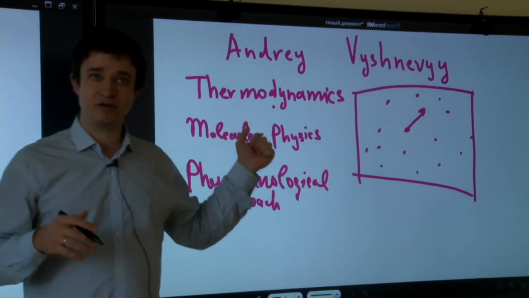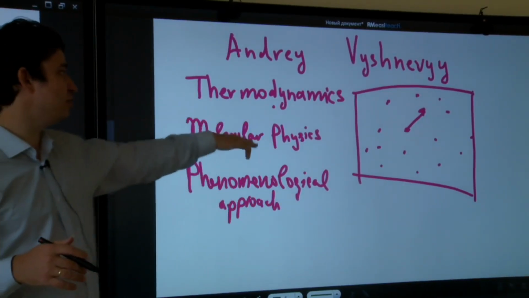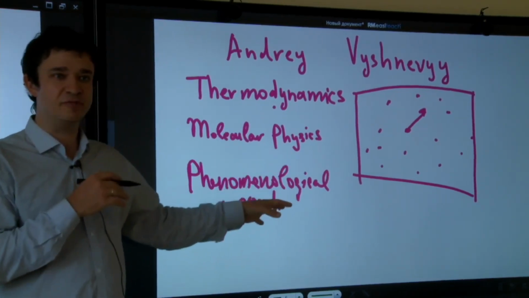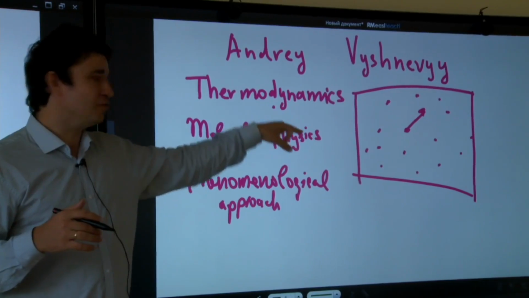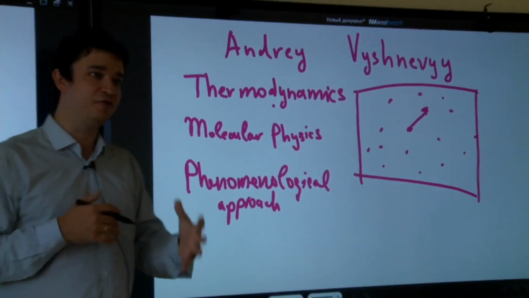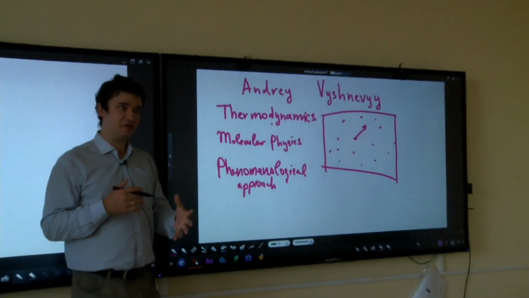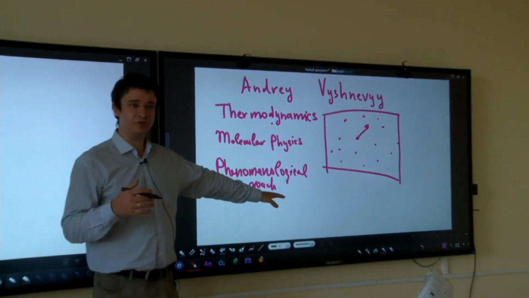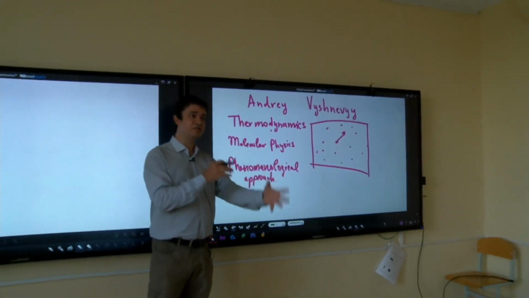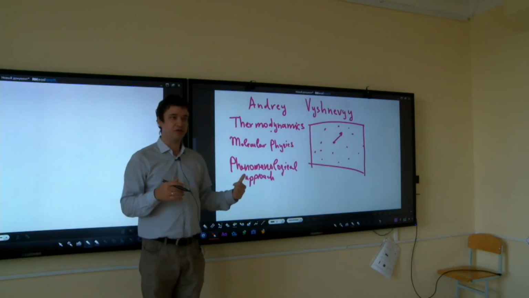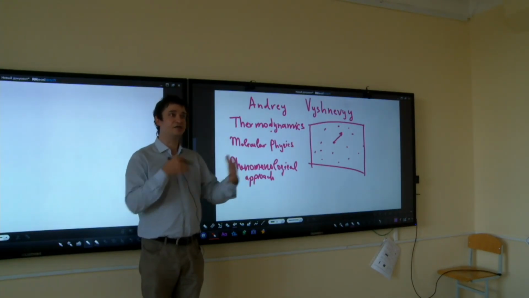In molecular physics, we know the structure, we know the molecules in there, they move some way, and from that we can get to some conclusions. But if you are not confident about having molecules there, you can only restrict yourself to this phenomenological approach. Of course, the results of these two different approaches are not contradicting, so they agree with each other.